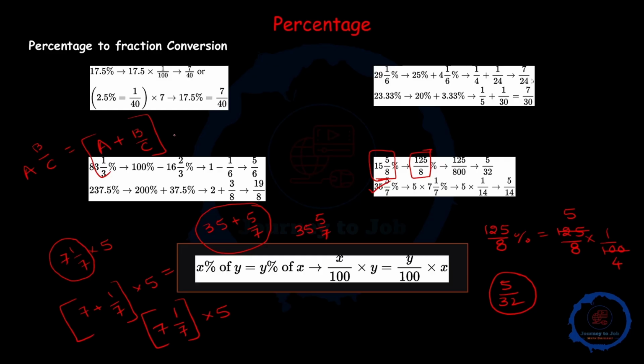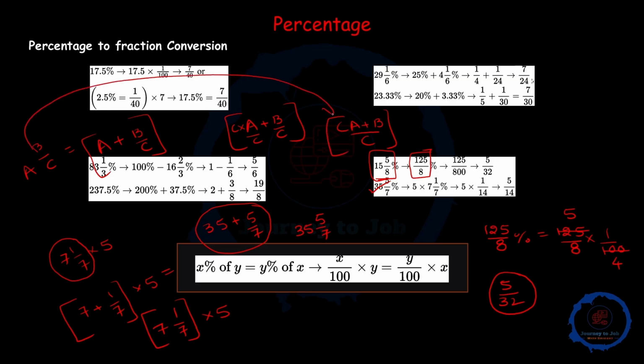Now how we'll calculate this? a plus b by c. Here LCM is c, so multiply and divide with c. Now ca plus b by c. Actually how we will solve mixed fraction. Okay, this is not part of percentage, but I explained because this is also very important.